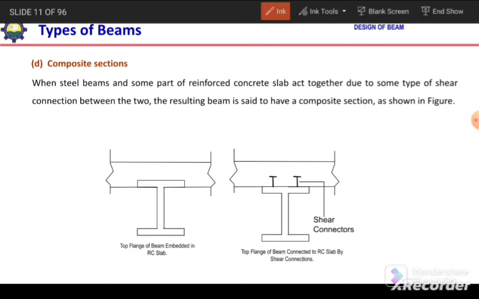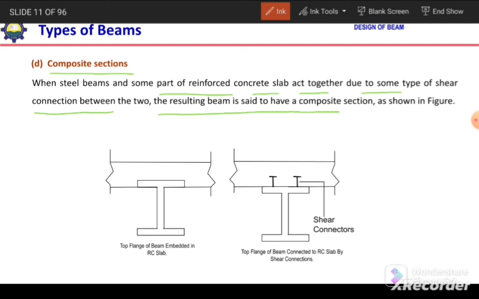Okay, next, which is important, this is a composite section beam. When steel beam and some part of the reinforced concrete slab act together due to some type of shear connection between the two, the resulting beam is said to have a composite action.